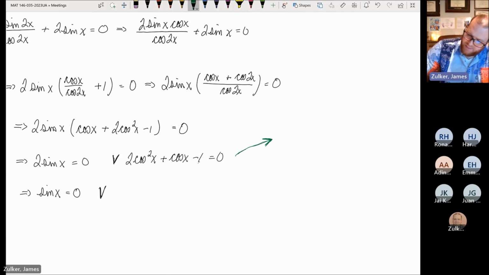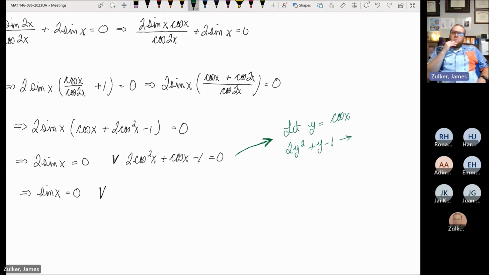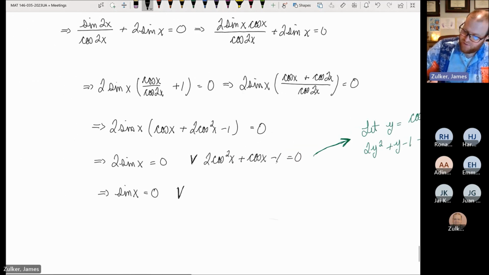Think of this as a little side thing: 2y squared plus y minus 1. Can that be factored? It can. We've already seen it, I believe. It's 2y minus 1 times y plus 1. So that's a little side note that I'm going to use down here.